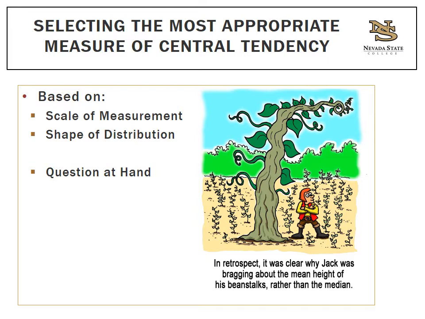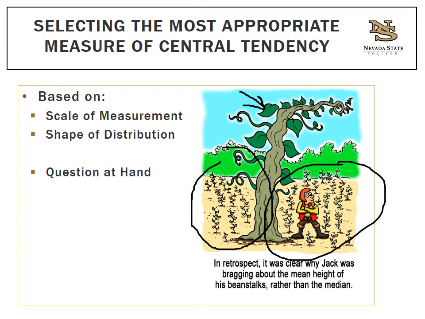Now, this little animation, this little cartoon here gets at the fact that the mean can be totally messed up by outliers. So if we calculated the mean height of beanstalks, this huge beanstalk is going to make that mean go way up and not reflect the nature of the majority of the beanstalks here. So that's just one of the considerations that you make when you're making a selection for measure of central tendency.